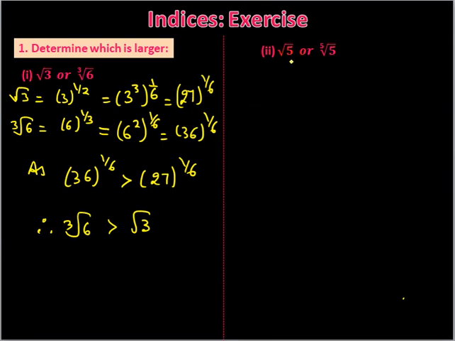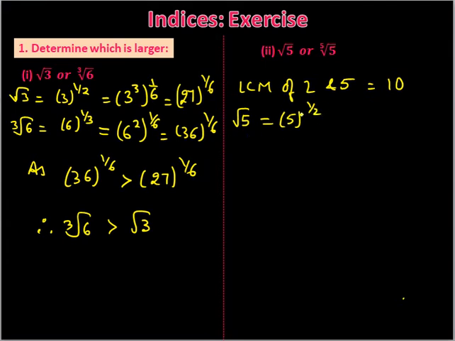Now applying the same in the next one, this is square root of 5 and this is fifth root of 5. So let us first see what will be the LCM of 2 and 5. Now LCM of 2 and 5 will be 10. So we'll convert them into the form which will reflect their 10th root. Now square root of 5, which can also be written as 5 with exponent 1 by 2.